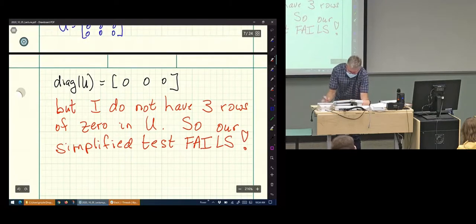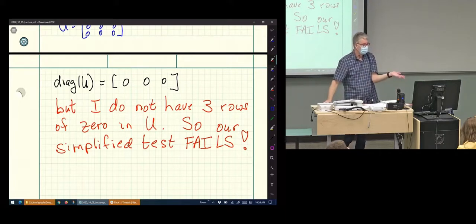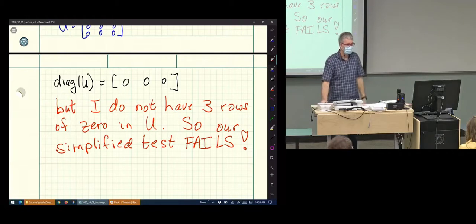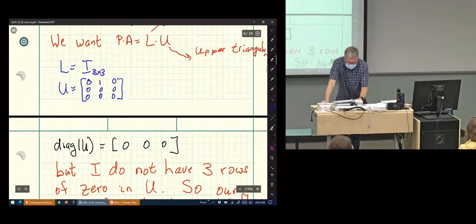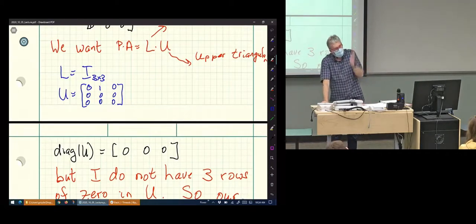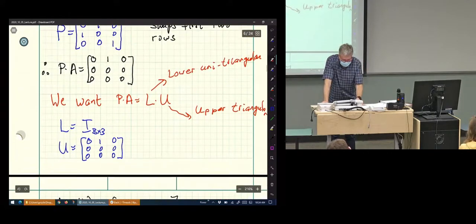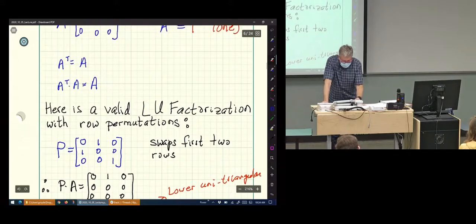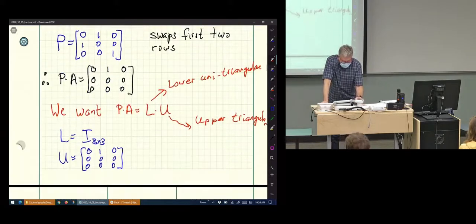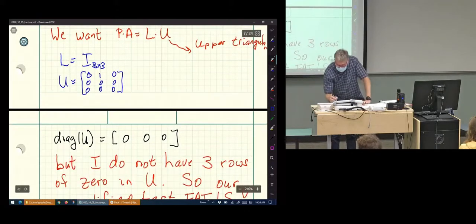Okay, so it's not true that I have no linearly independent column, because the diagonal of U has no non-zero elements. U has one linearly independent column, just like A does. Okay, so here's A, it has one linearly independent column. U has one linearly independent column.